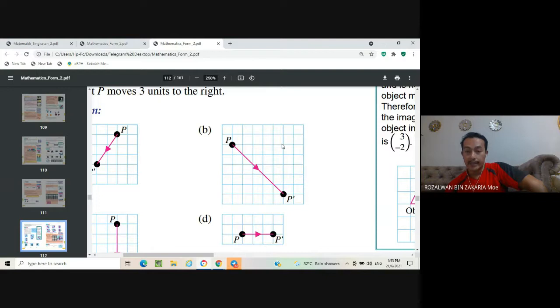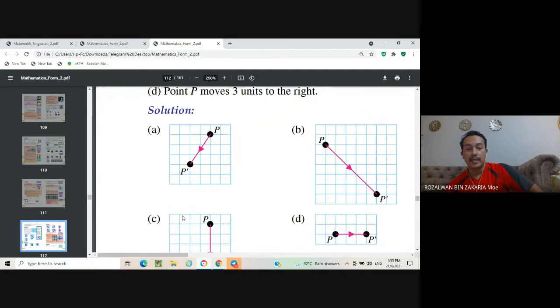Then after that, 5 units downward: 1, 2, 3, 4, 5. So this is the point for the image P prime. So you label P prime and mark this point. Then you join these two points and put the arrow here. So that's the answer for B.